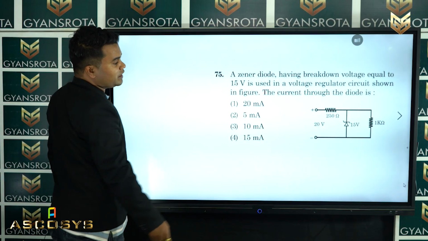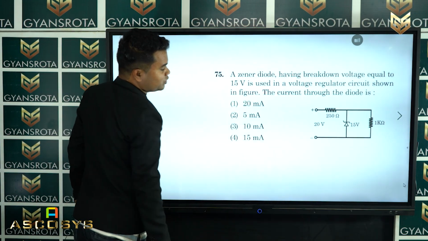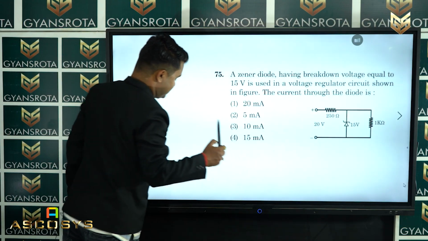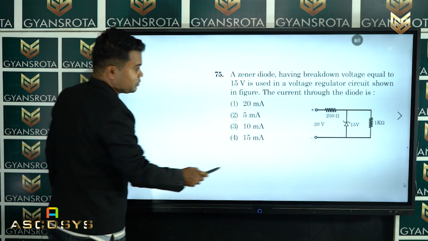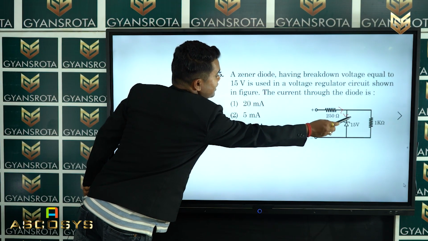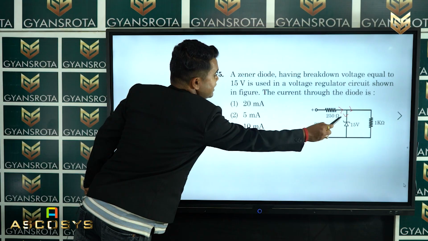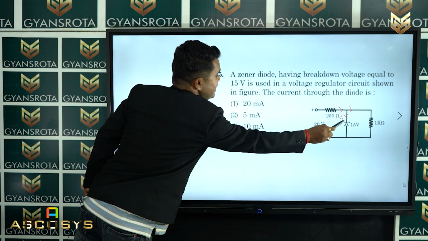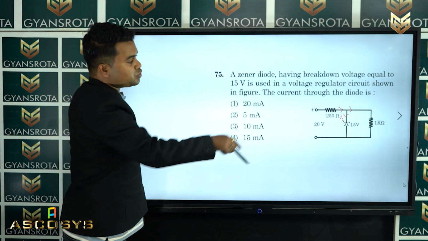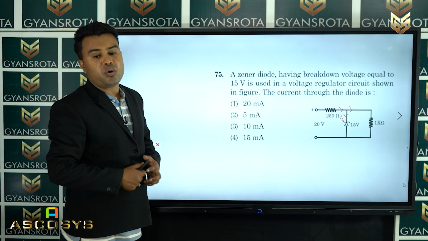Now you need to calculate the current passing through this one. As the current goes from here, it gets divided into two parts: the Zener current IZ, and this current which moves through 1 kilo ohm.